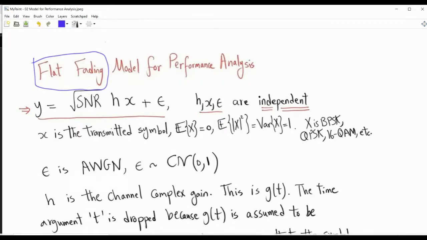Flat fading means a number of things. It means that the bandwidth of the signal is much smaller than the coherence bandwidth of the channel. Basically the spectral components of the signal are close to one another relative to the coherence bandwidth of the channel, so in the frequency domain the spectral components encounter almost the same channel.